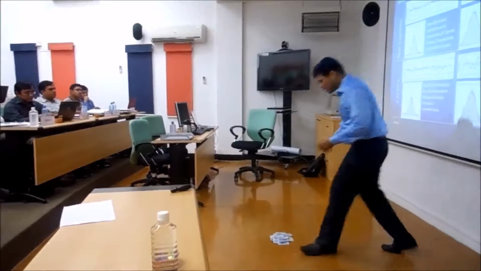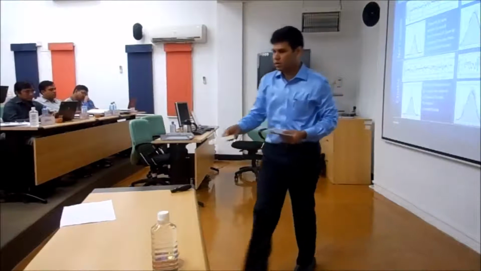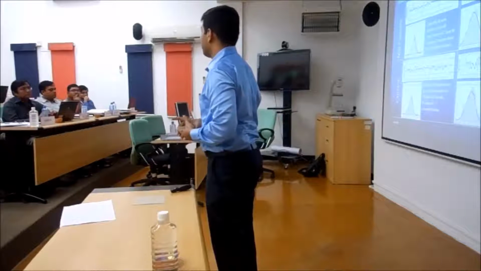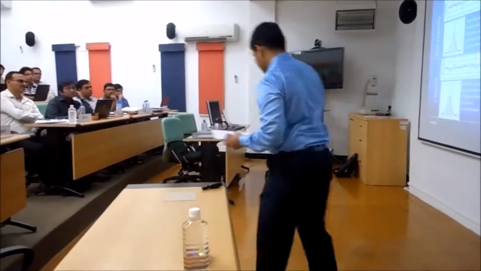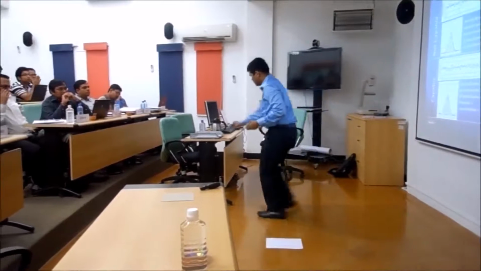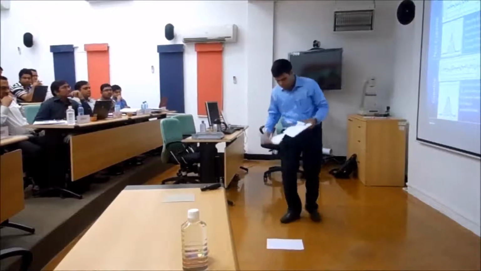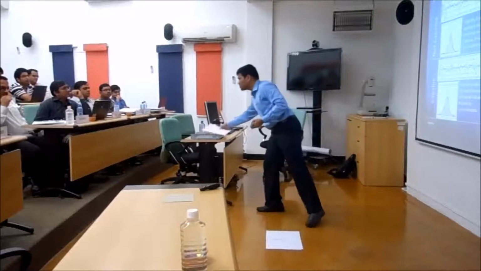There can be another thing called not stable but capable. What do you mean by not stable but capable? Say you have a larger spec. Maybe this one is your spec. So your specification is larger.